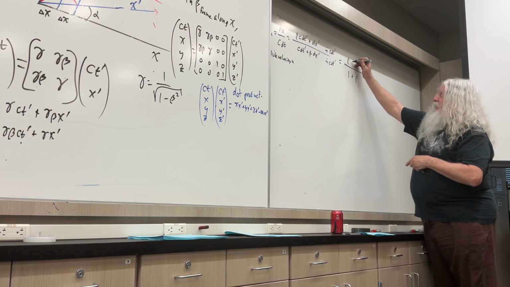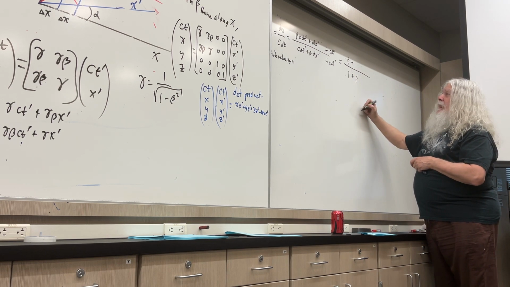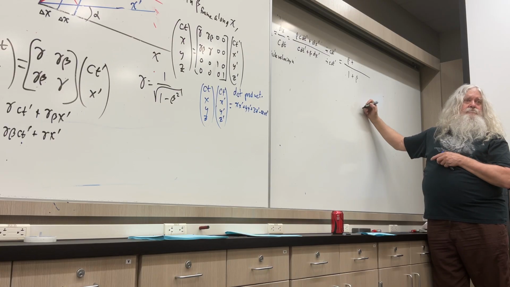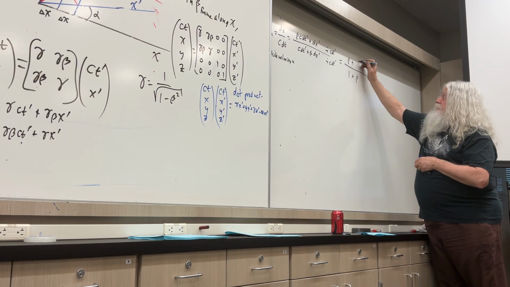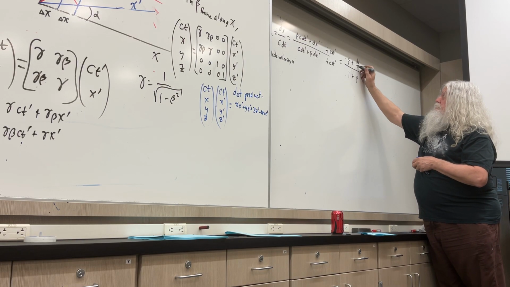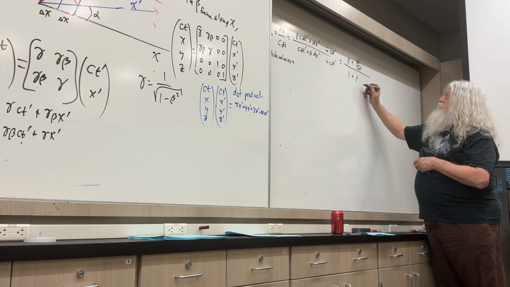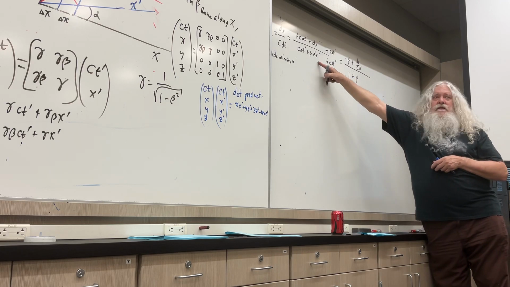So what else do I have on top here? dx divided by c dt prime. And dx, same thing here?